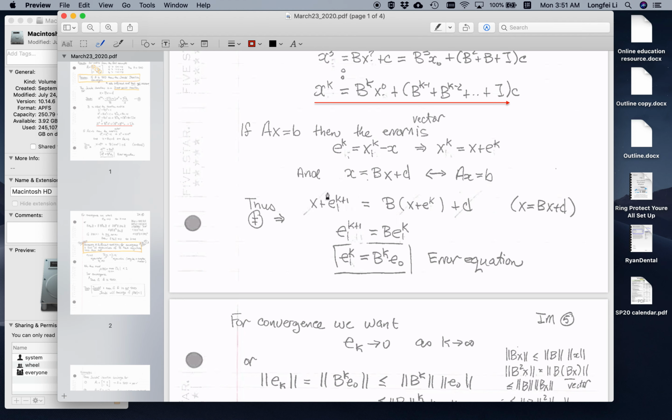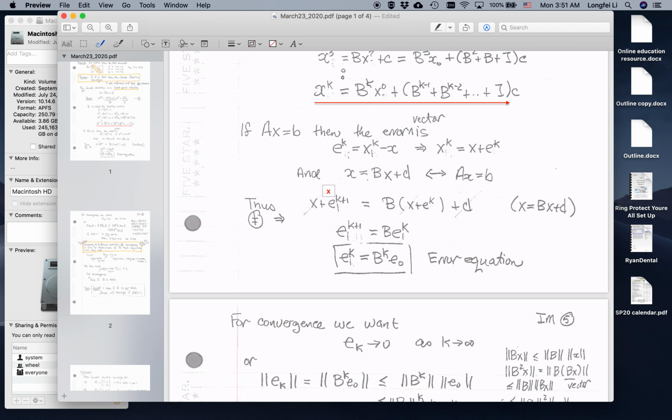If we look at the Jacobi iteration, we will have x_{k+1} equals Bx_k plus d. The writing is not very good.